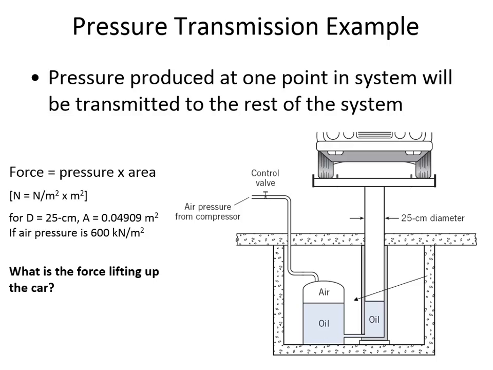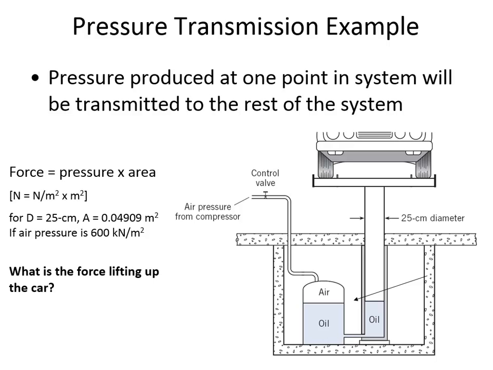If this is a big steel cylinder that has a diameter of 25 centimeters, we can calculate the cross-sectional area from that according to the formula. Area is pi d squared divided by 4. I've just already done that for you. I've given you the area.